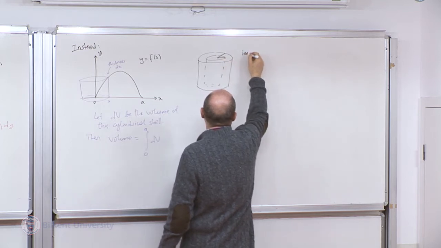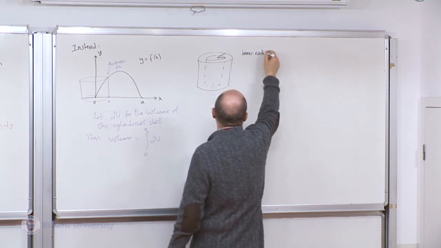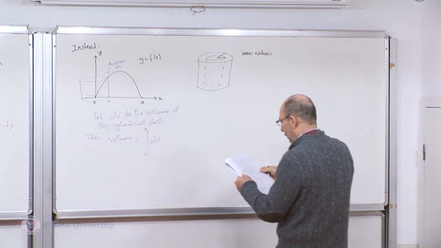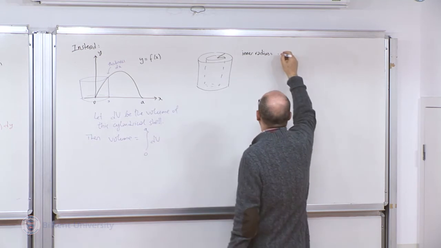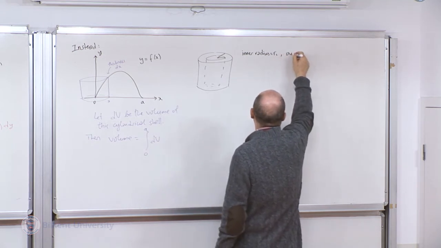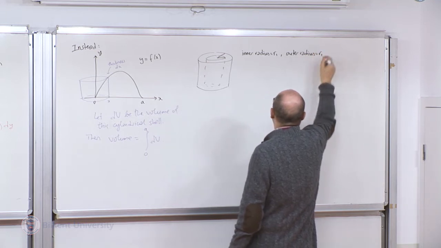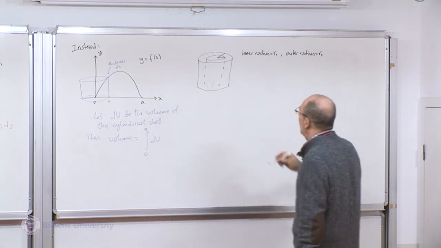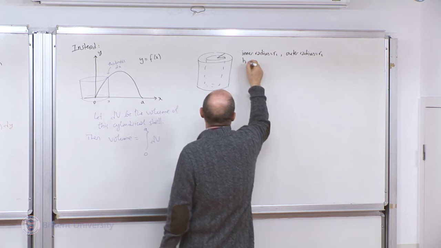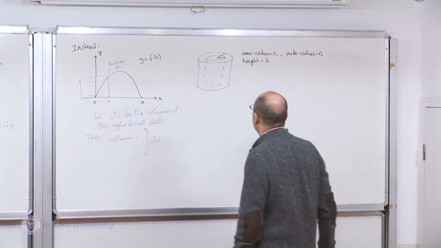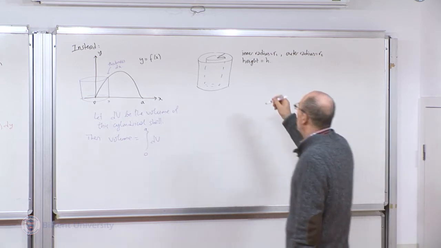So inner radius, let's say R1. Outer radius is R2. Of course, I need a height h.